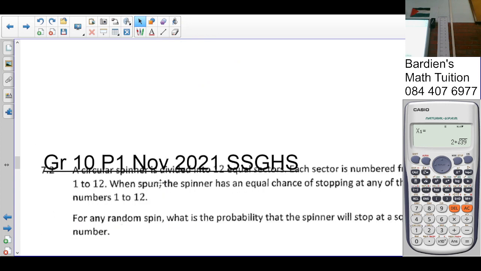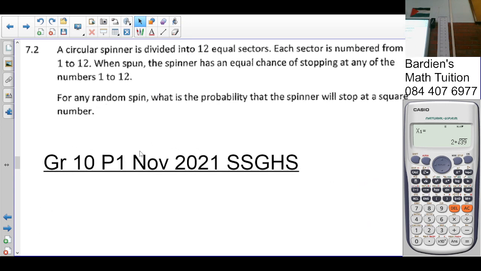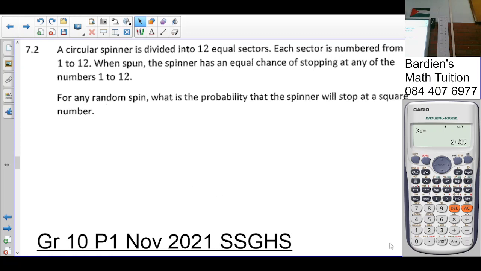Next question, 7.2. We are told a circular spinner is divided into 12 equal sectors. Each sector is numbered from 1 to 12. When spun, the spinner has an equal chance of stopping on any one of the 12 numbers. For any random spin, what's the probability that the spinner will stop on a square number?